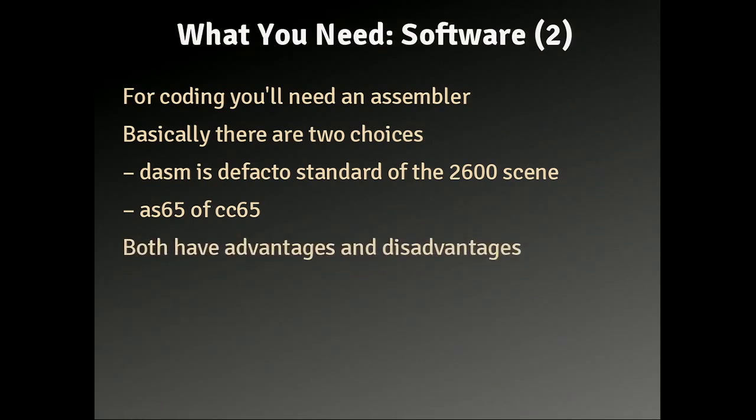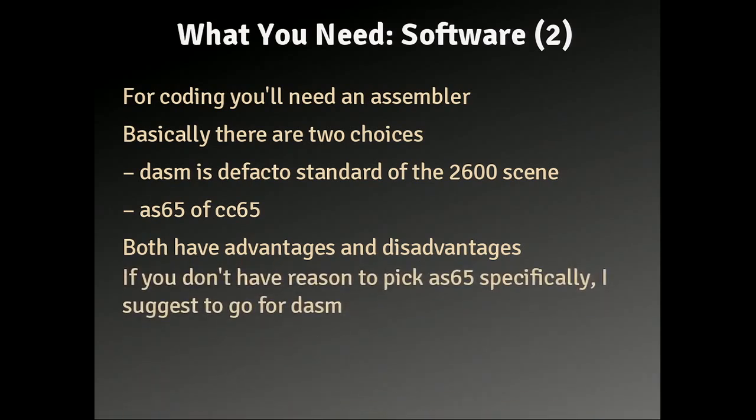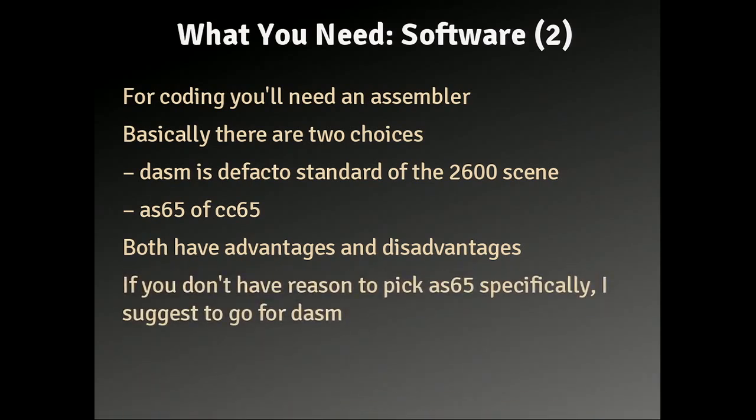And they have both advantages and disadvantages. If you don't have a reason to pick the S65, I suggest you go for DASM because there's so much template code available already. And it's really easy to take over code from others and work with others together, because about 90%, 95% are using DASM.